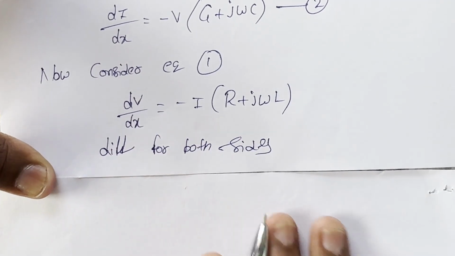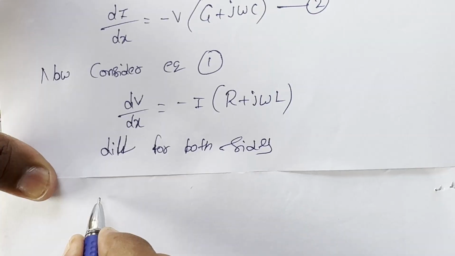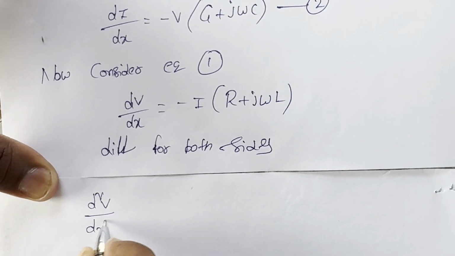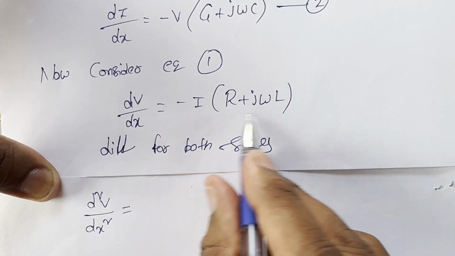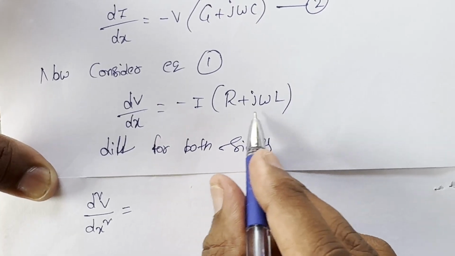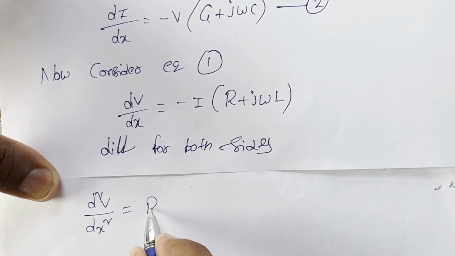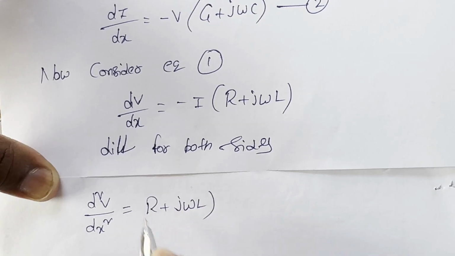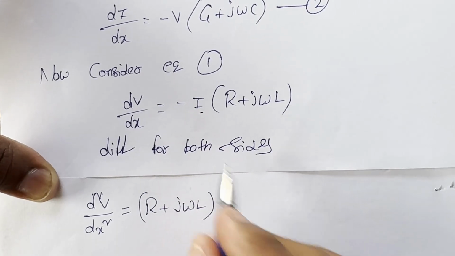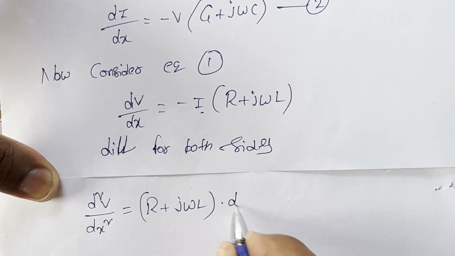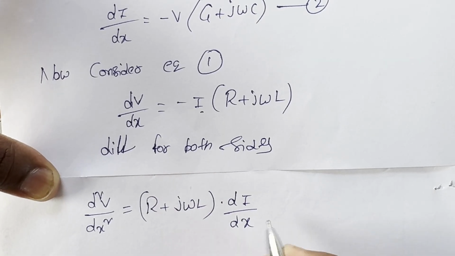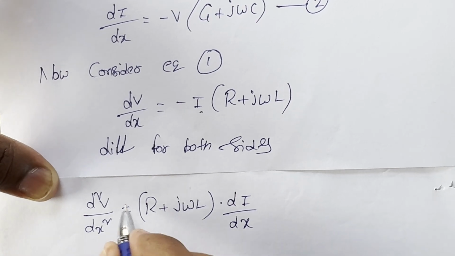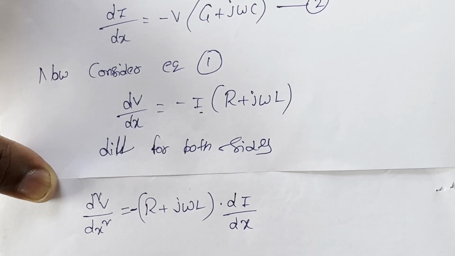By applying the differentiation for this dV by dx, we will get d square V by dx square equal to R plus j omega L into, for making differentiation for this I, we are getting di by dx, minus value.